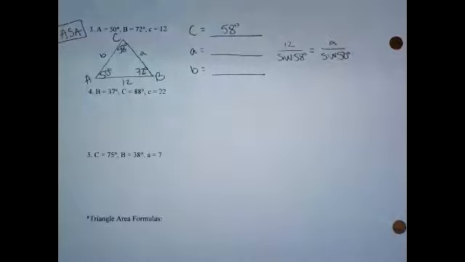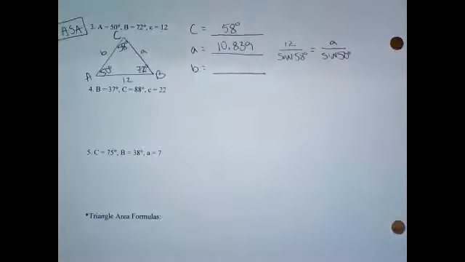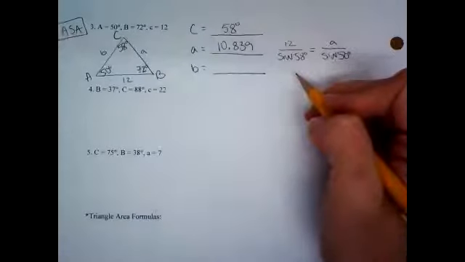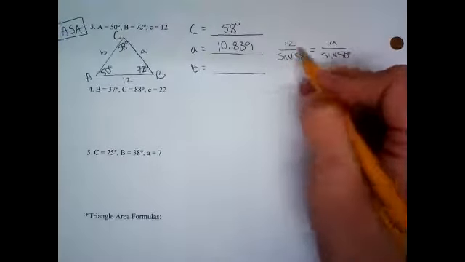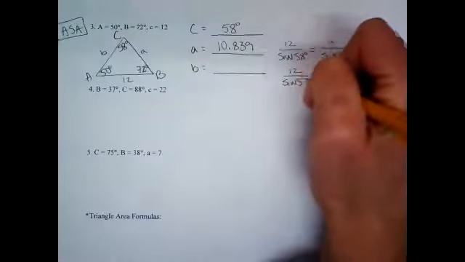Who's feeling brave? What did you get? Perfect. And when you do the last one, you should get an answer larger than 10 because you're finding them smallest to biggest. So if it's not bigger than 10, then you know you had a whoopsie somewhere. All right, how does the last one start? Yeah, 12 over sine 58, the exact same thing because it's still the same triangle.